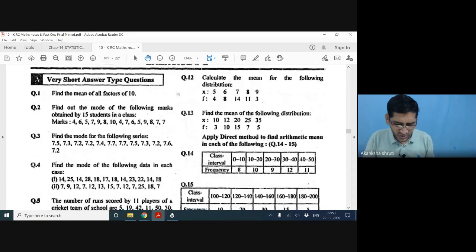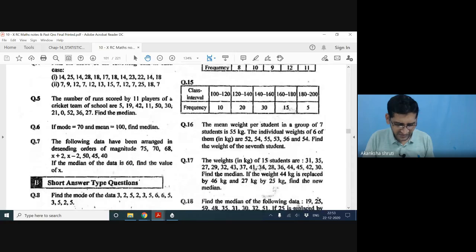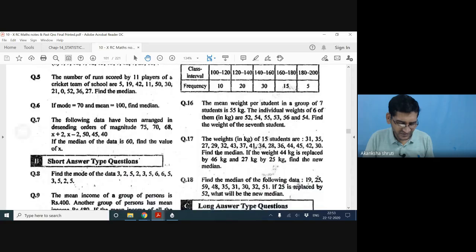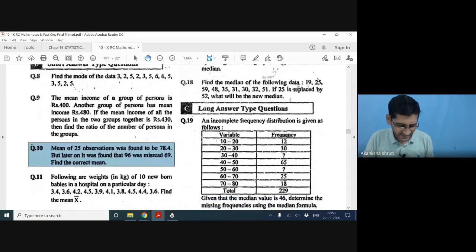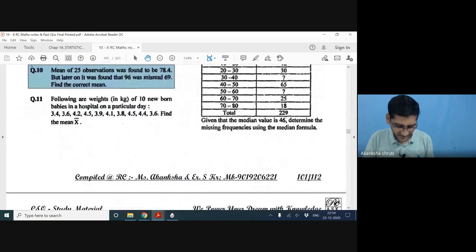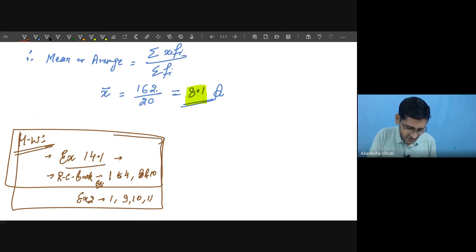In exercise 2, question numbers 1, 9, 10, and 11. Please do only this much from our book.